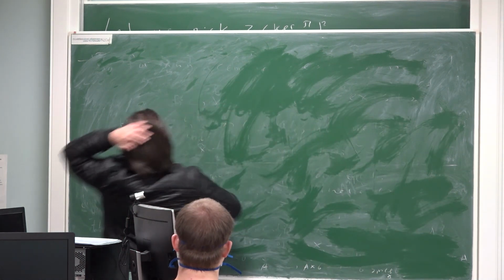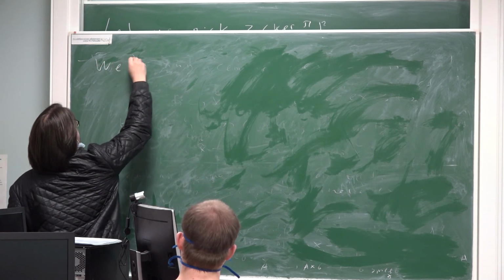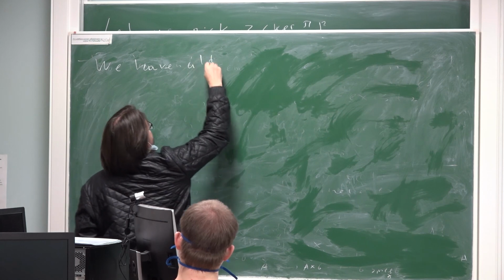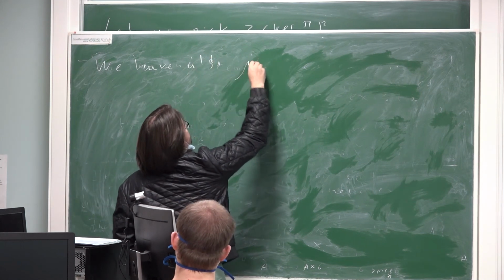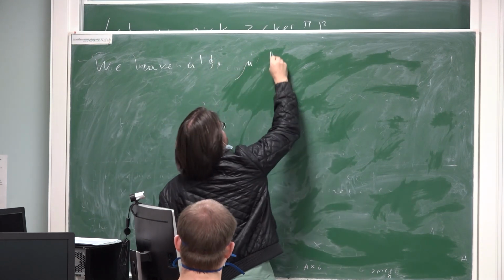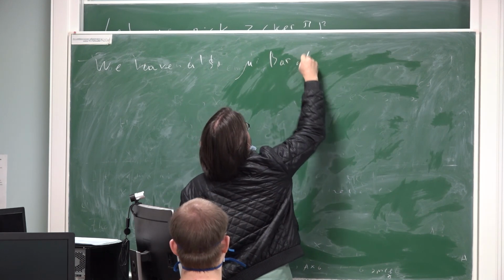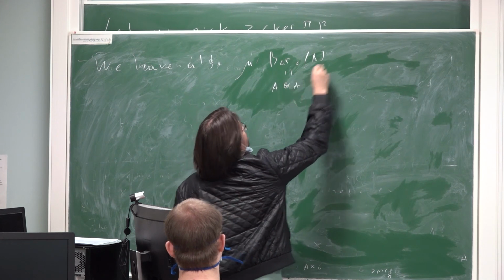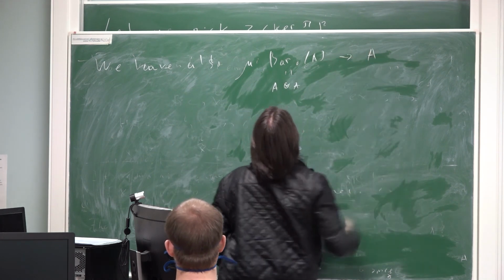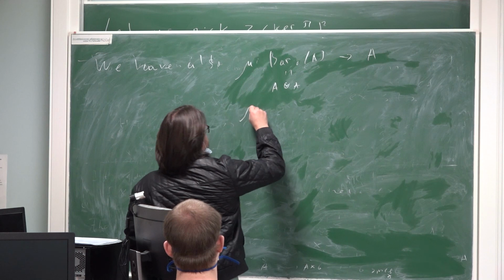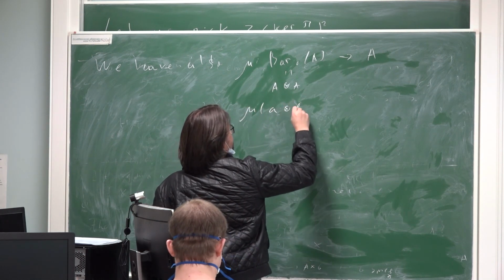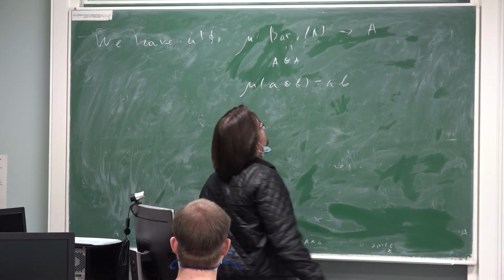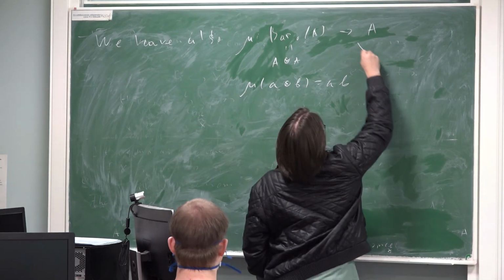We have also the map mu from bar 0 of A, which is by definition A tensor A, to A that sends a tensor b to ab, and it is a homomorphism of A-bimodules.